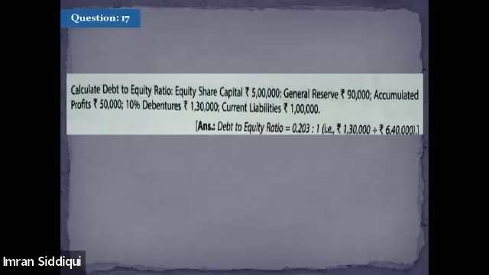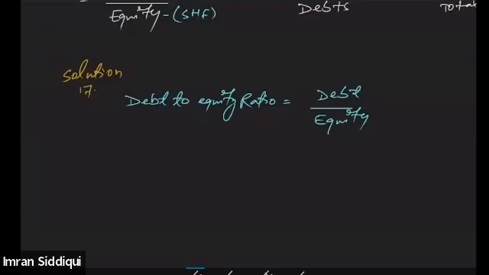Now see, what is given in the question? Equity share capital is 5 lakh. General reserve is 90,000. Accumulated profit is 50,000. 10% debenture is 1,30,000 and current liability is 1 lakh. First of all, equity share capital, general reserve, and accumulated profit are all collectively known as shareholders fund. Understood?